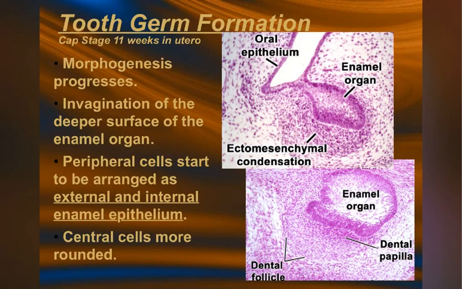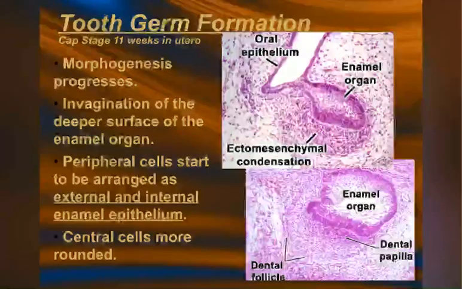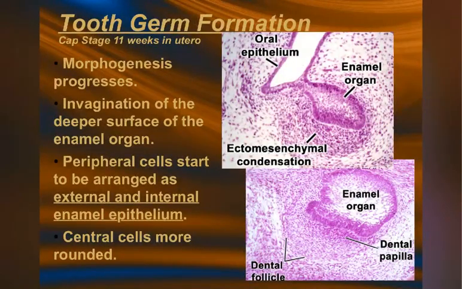And each of these 3 types has a special morphology. The internal epithelia are columnar. Outer enamel epithelia are flat or cuboidal.